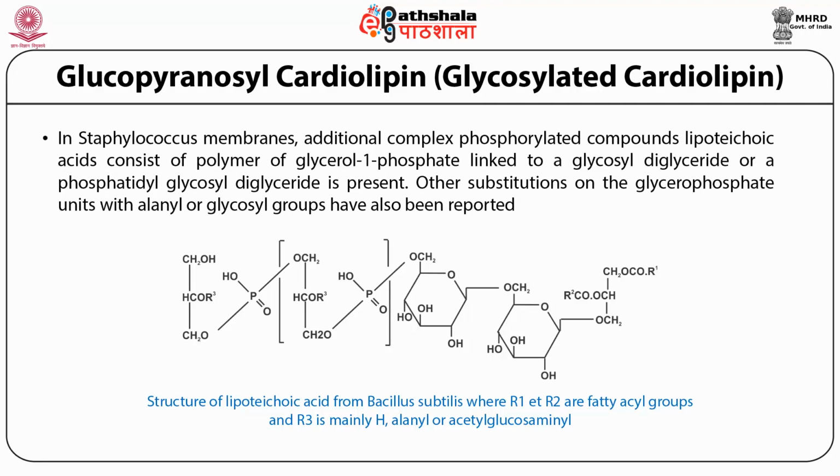In the Staphylococcus membrane, additional complex phosphorylated compounds like lipoteichoic acid, which consist of a polymer of glycerol 1-phosphate, have been found linked to a glycosyl diglyceride or a phosphatidyl glycosyl diglyceride.